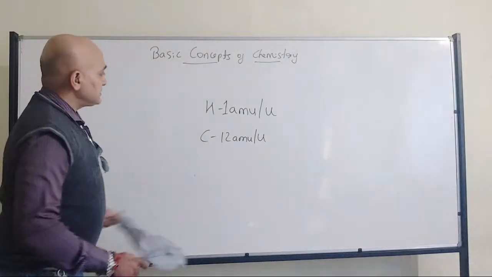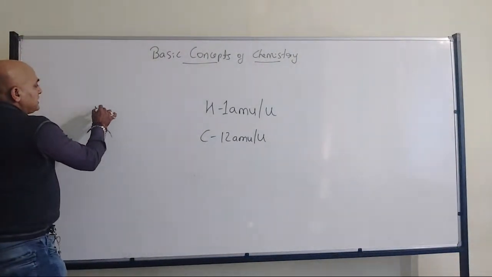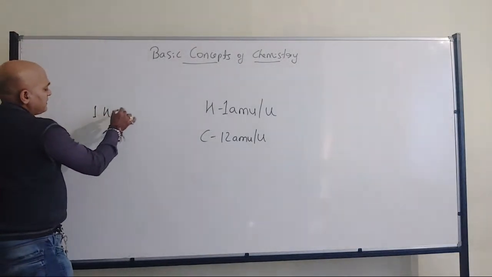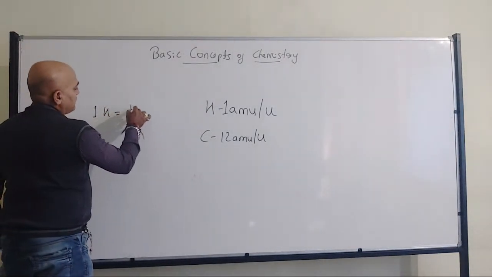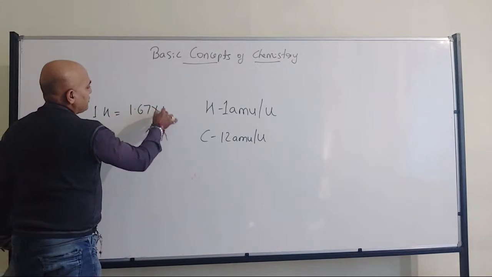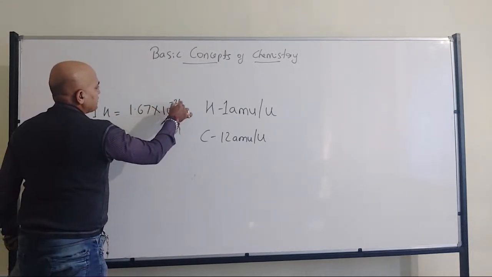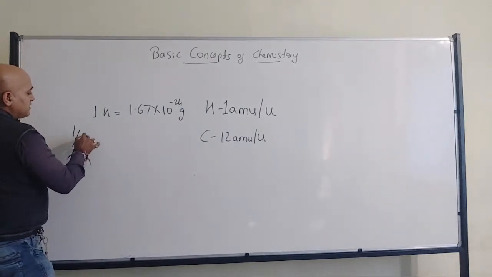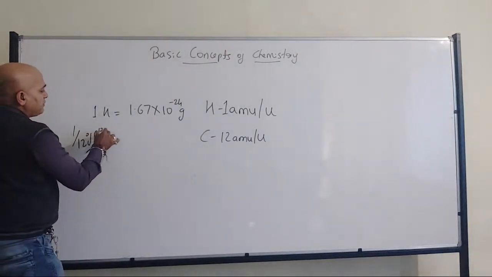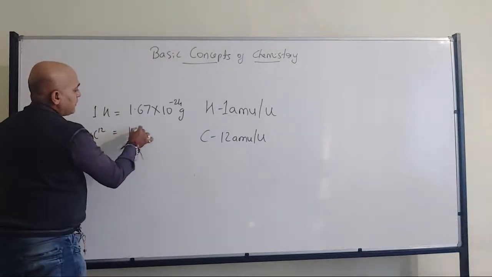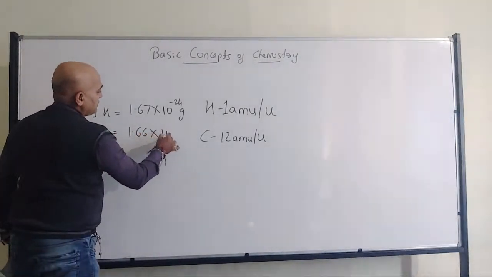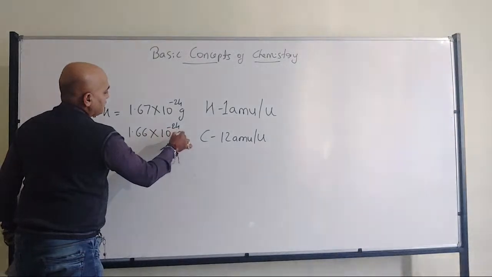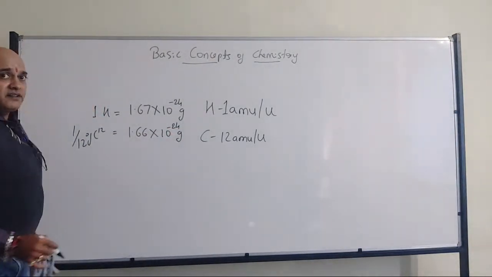That is because what they found is one hydrogen will weigh 1.67 into 10 to the power of minus 24 gram, and 1/12 of carbon 12 is going to weigh 1.66 into 10 to the power of minus 24 gram. Okay.